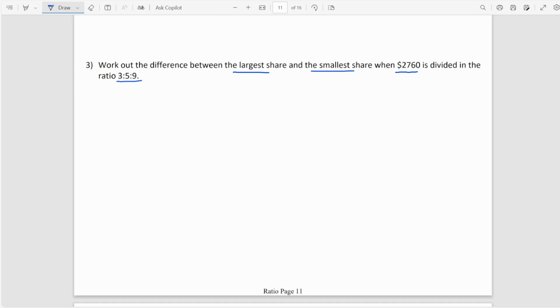Now, the easiest way to do this is to find each share and then subtract them. Okay, so we have 3, 5, 9. Now, the total parts is 9 plus 5 plus 3, which will give us 17 parts. And the total amount of money that I'm dividing is 2,760.